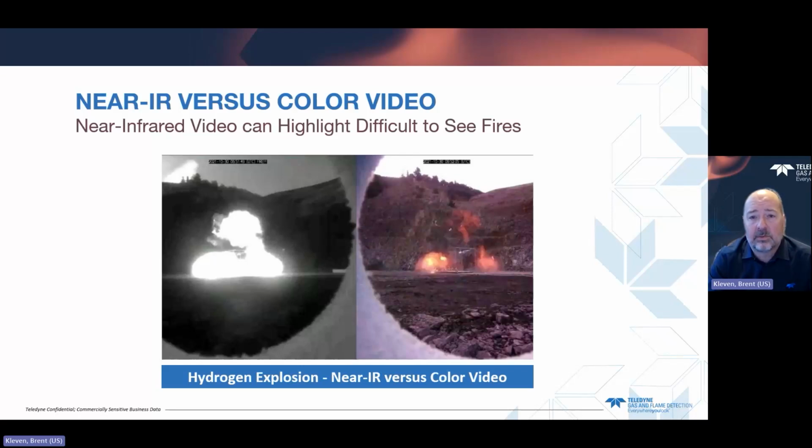If you actually watch the whole video, much better as far as seeing everything on the near infrared. That's actually a plastic container around that hydrogen fire. So some of that is actually the hydrocarbons in the plastic that's burning on the color camera. So on the near infrared, we're going to be much better as far as seeing those types of fires.